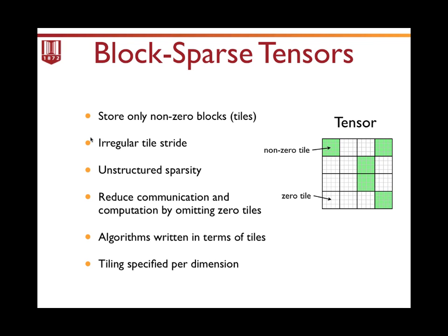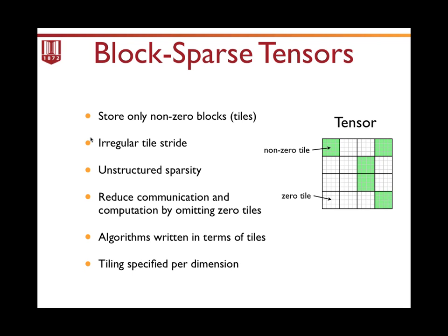And we're going to be using irregular tile strides as opposed to other methods which typically use very regular strides so that they can have even amounts of computation and communication. And the reason we use irregular strides is because we want to exactly fit the data that we're generating from our problem.